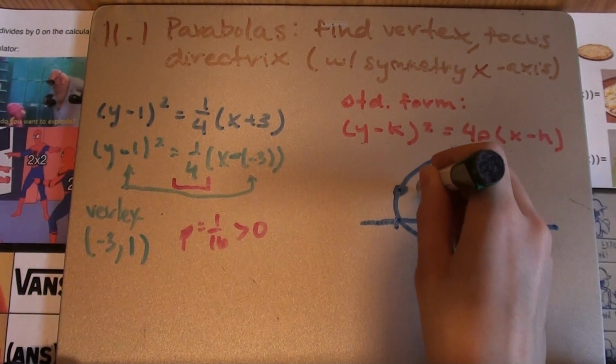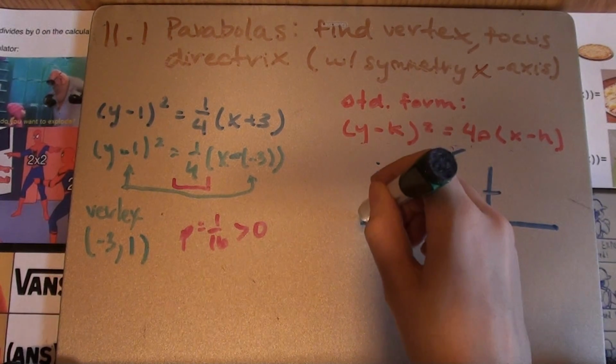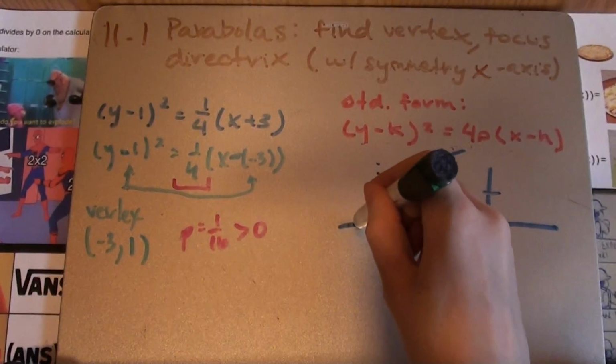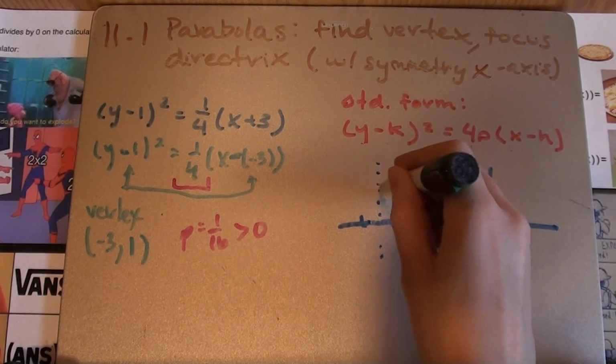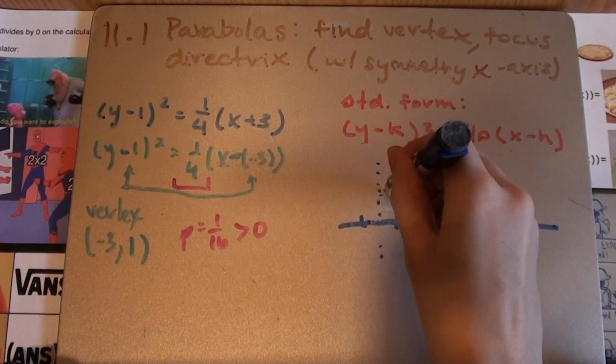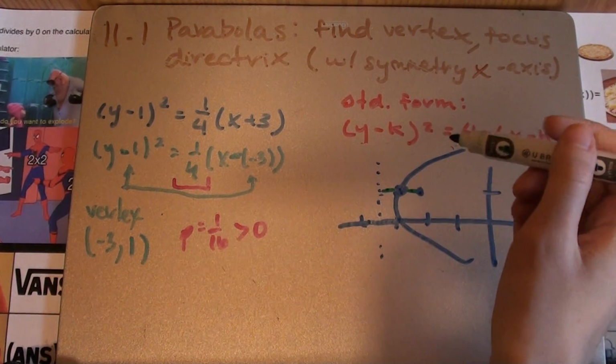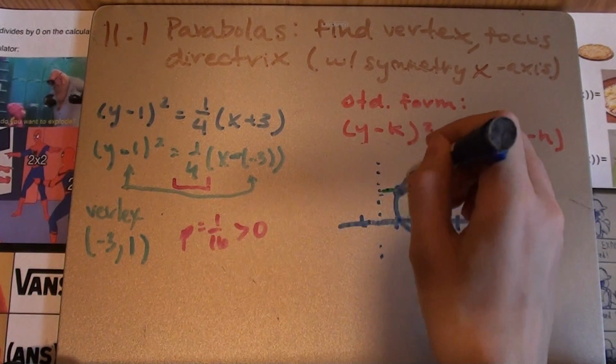We know our focus is going to be some point in here, and then our directrix is going to be some line over here. And the distance between these pieces, this distance right here and this distance right here, is determined by our p. It's going to be 1/16 away.